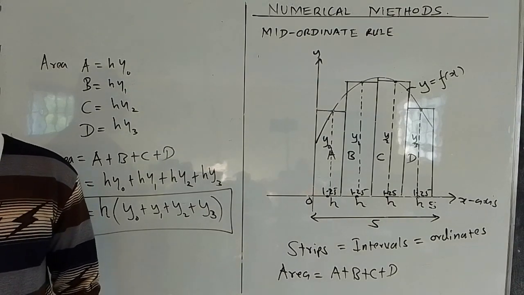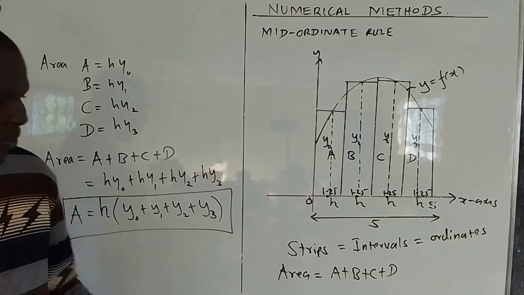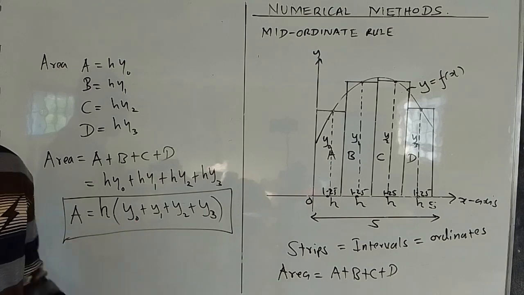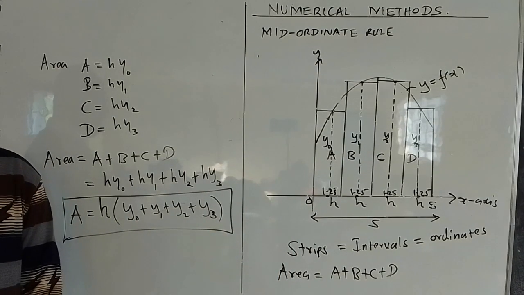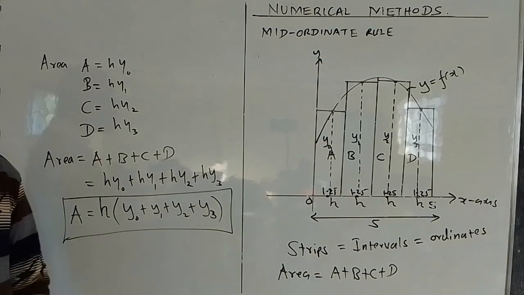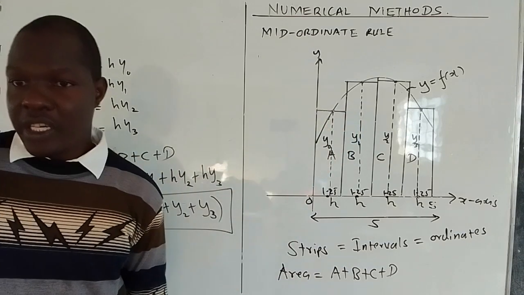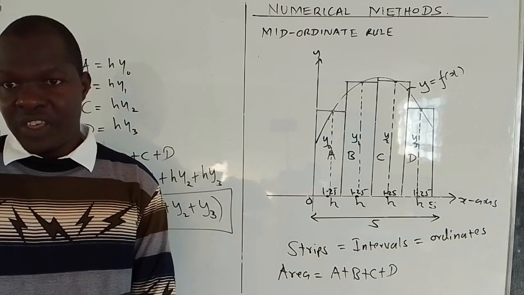So it is also going to be 7 ordinates. This y0 goes up to y6 because we start counting from y0. From y0 to y6 gives you a total of 7 ordinates. Are we together? So that is how to determine the area under a curve with the mid-ordinate rule. Is that well understood?